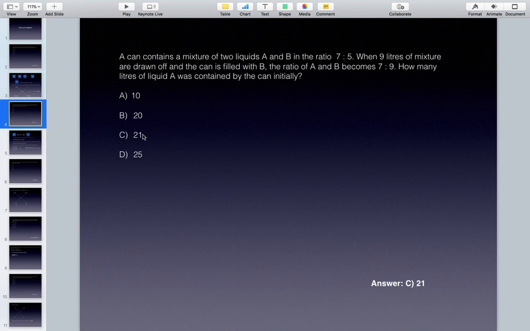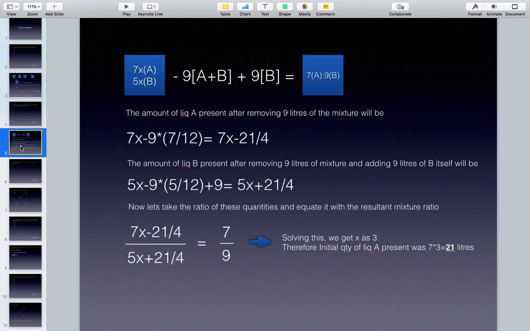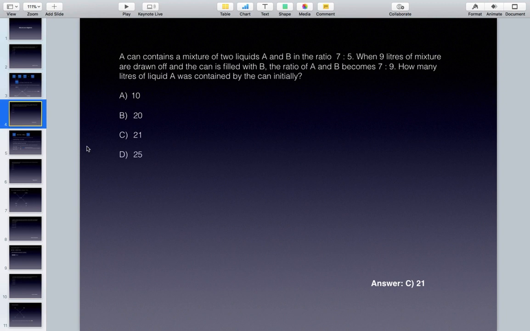If we take 21 as the initial quantity of A, then we get x as 3, and substituting 3 in this, check if we get the ratio as 7:9. If we do, then we can be sure that 21 is the correct answer.